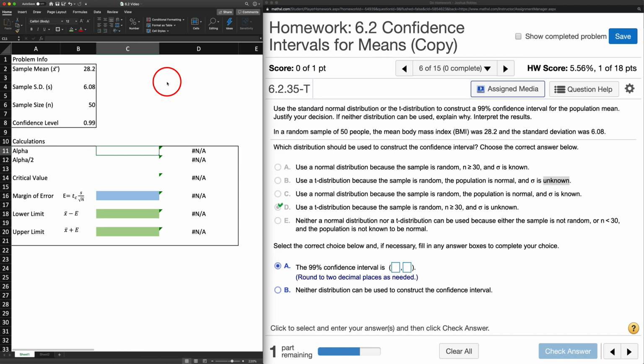So alpha is the opposite of the confidence level, the complement probability, how much is outside of it. So 1 minus the confidence level. And then how much is in each tail will be half of that, so alpha over 2.